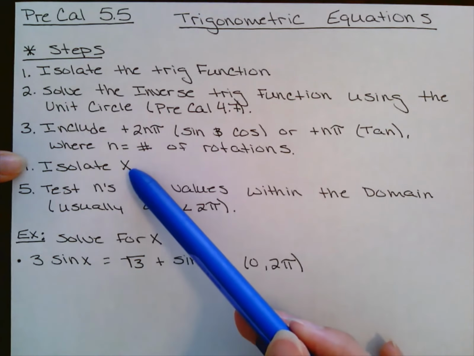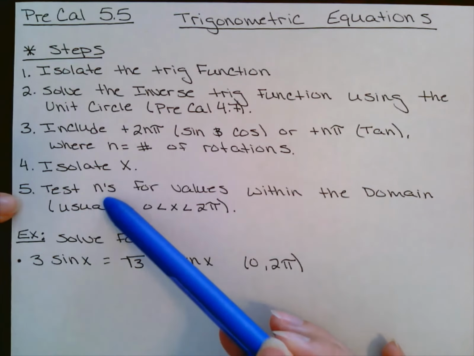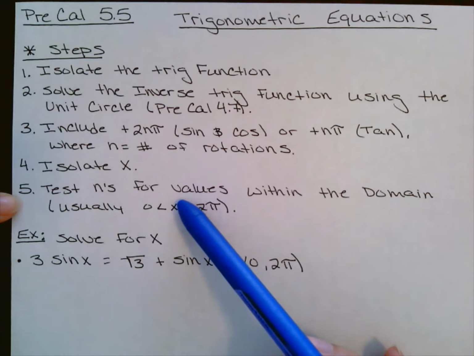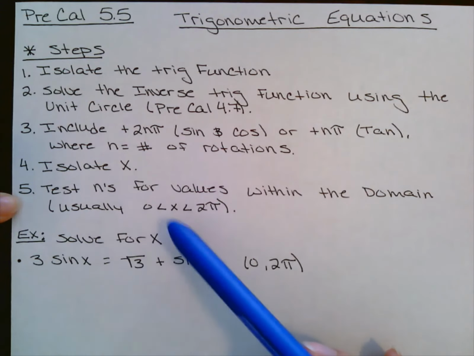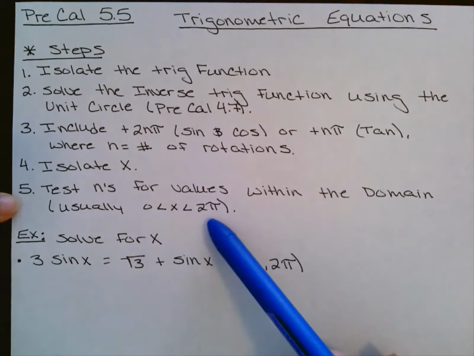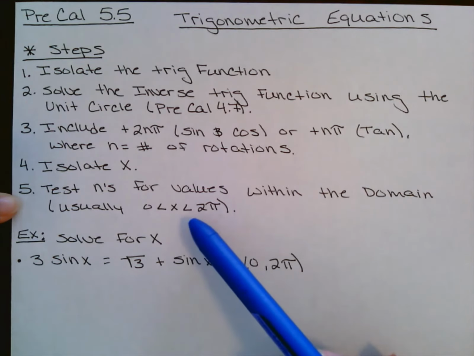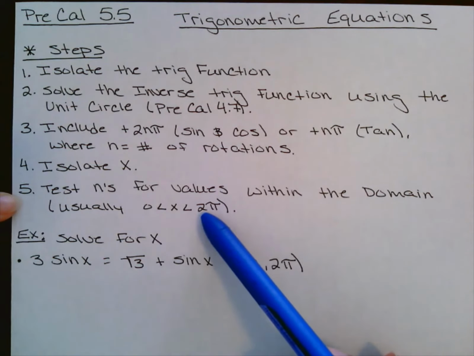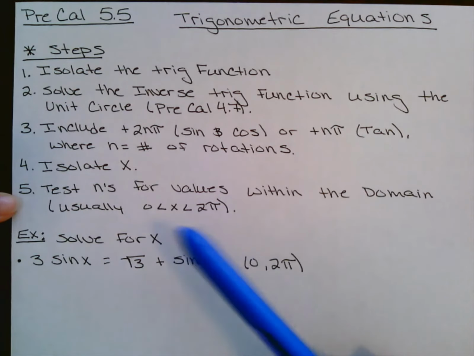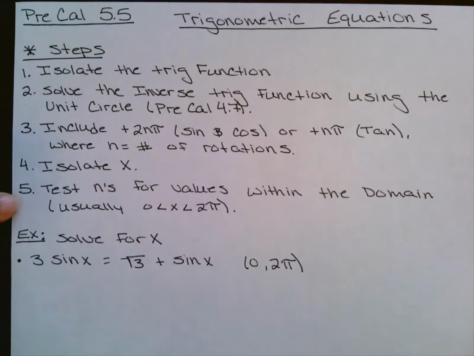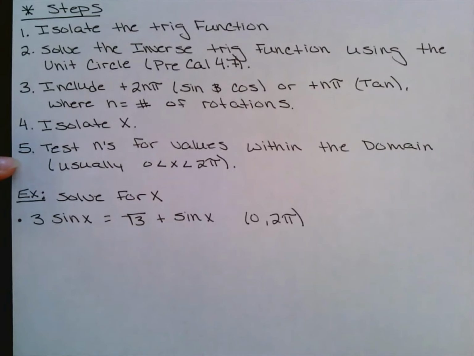So after we isolate x, now we're going to test different n's starting at 0 within the domain. Usually the questions will tell you that they want it to exist from 0 to 2 pi. Okay? So we're going to test our answers. Once we get something that surpasses 2 pi, we stop. We want all of our answers to be values in between 0 and 2 pi. So let's see how this works.